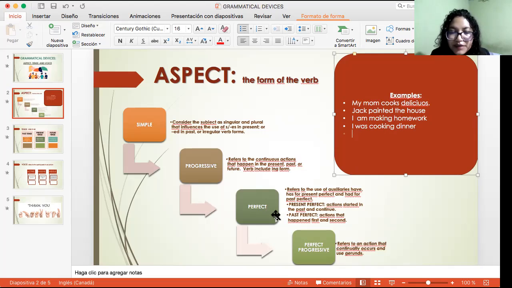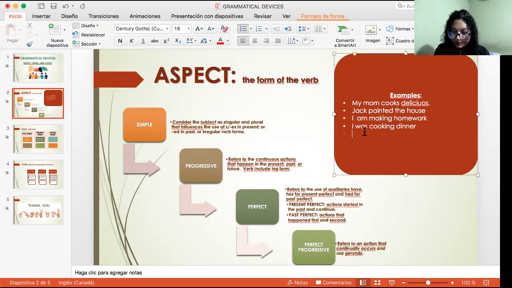The perfect aspect refers to the use of auxiliaries, the have and has for present perfect and had for past perfect. The present perfect refers to the action started in the past and continues to the present.